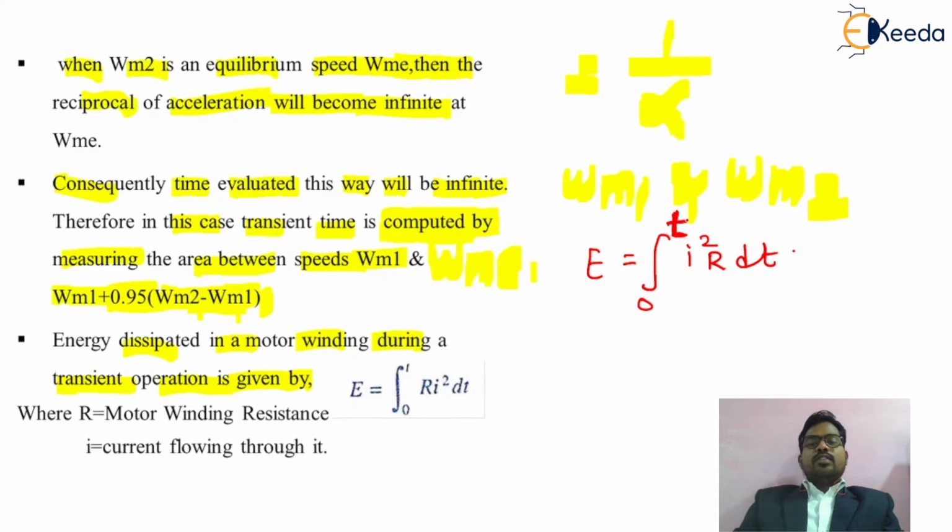The t is the time of that particular transient state. The I is the current flowing through it. R is the motor winding resistance, with respect to time, that is dt. So this will be the standard equation by which we can get the energy dissipated in a motor by means of the transient state analysis. Okay.